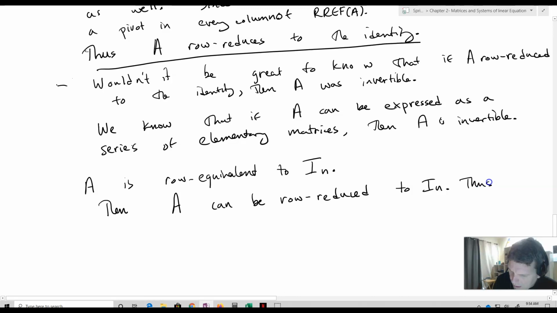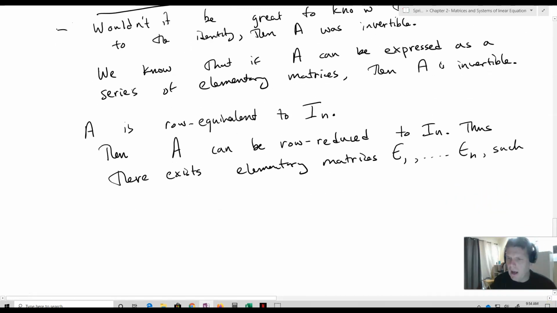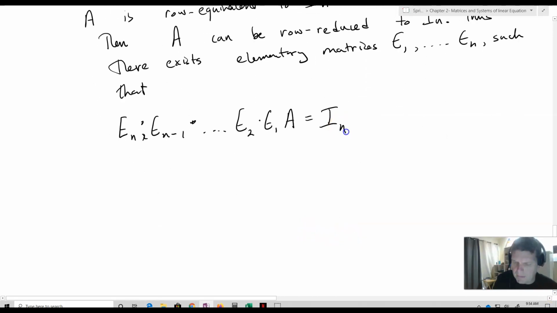Thus, there exist elementary matrices E1 through En such that, because we can transform every row operation into an elementary matrix, we have En times E(n-1) times ... times E2 times E1 times A is equal to the identity, or equal to I_n.